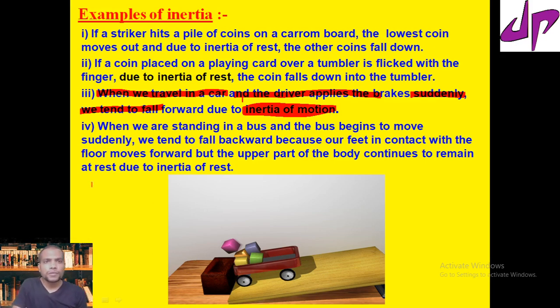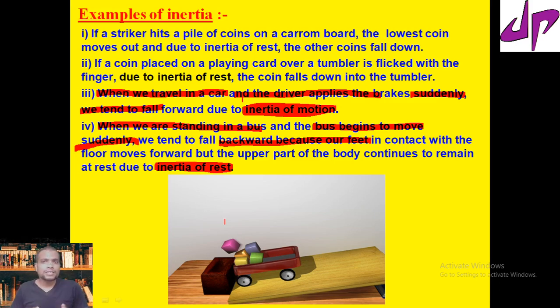And one more example: when we are standing in a bus and the bus begins to move suddenly, we will fall backwards. That is because of inertia due to rest, because the bus is initially at rest, not moving at all.